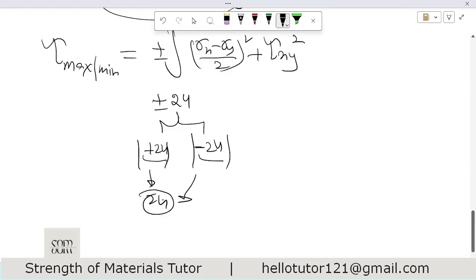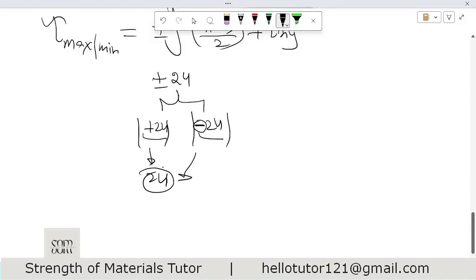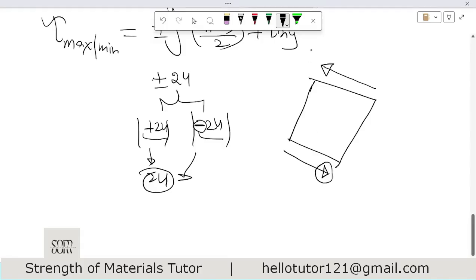So technically the magnitude is the same. The negative means it is opposite to this one. So it only means if we have a body, if one is towards right, the other is towards left. So they are opposite. The magnitude is the same, 24 and 24. So that is what this means.